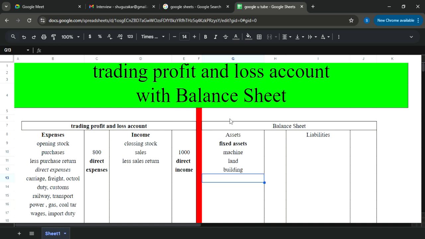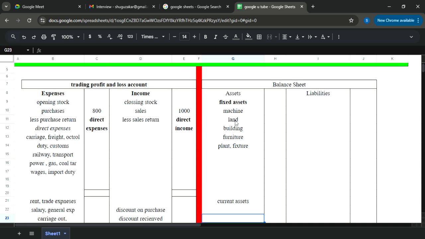Then you may write furniture, fixtures, furniture, plant. Fixture can also be a fixed asset. Okay, some of the examples we have written, and then you will be writing your current assets.